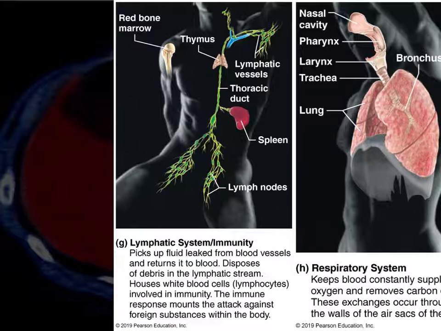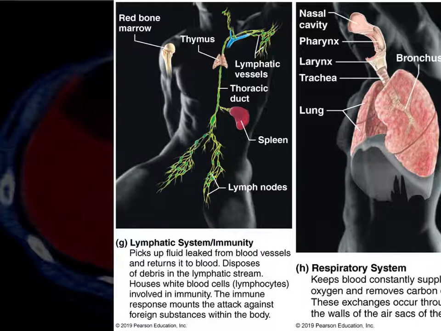So, immunity is found here in the lymphatic system. Okay, remember I'm an immunologist. This is one of my favorite things. Okay. So we have immunity going on here.